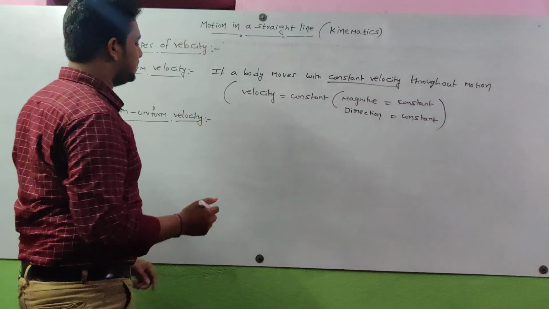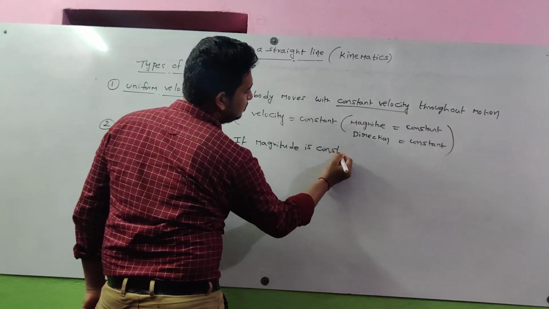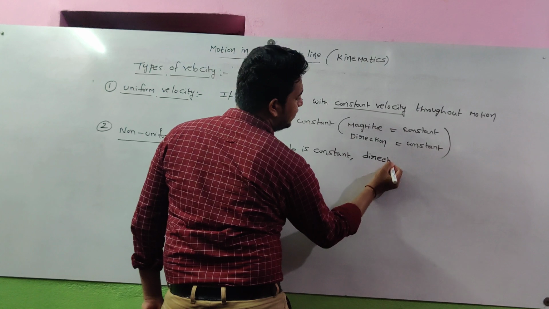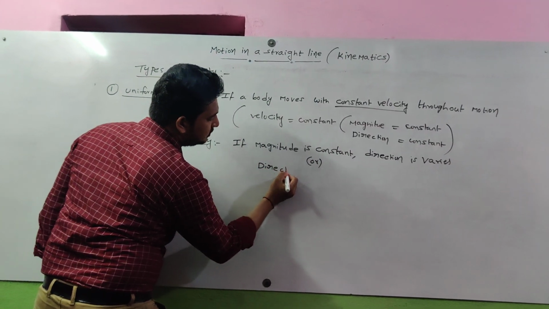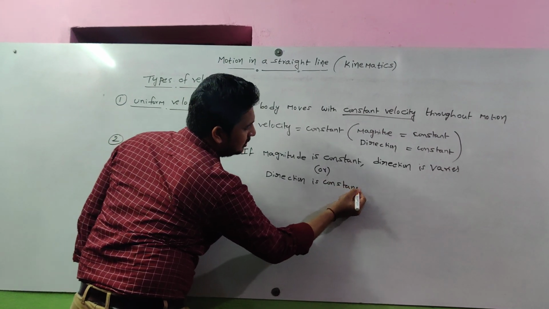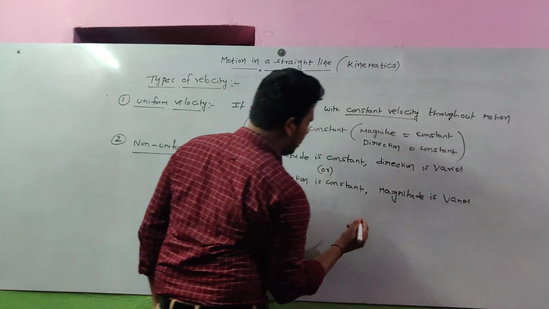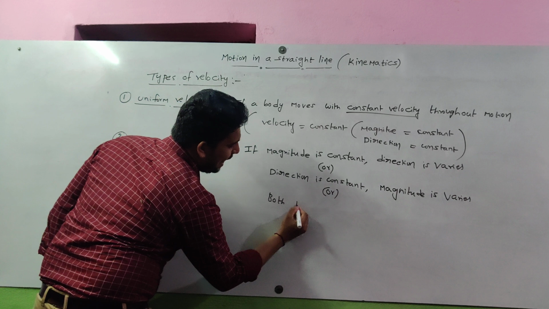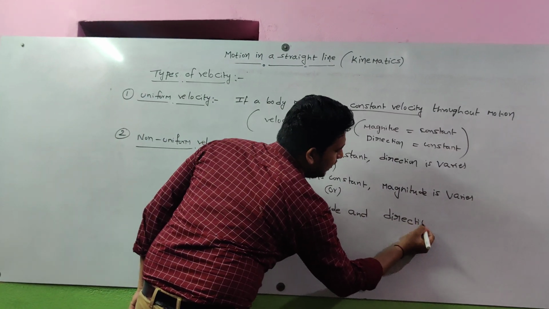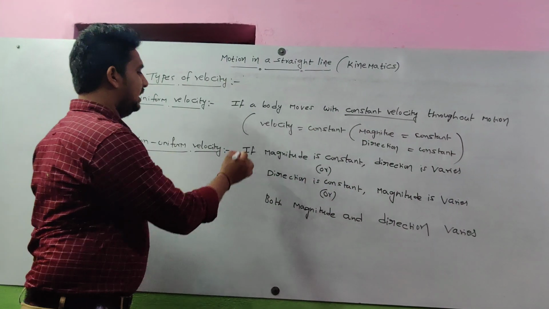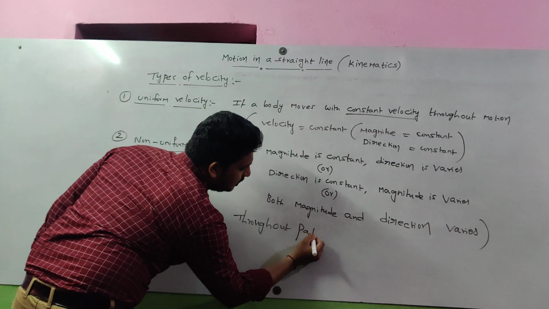That means non-uniform velocity is when the magnitude is constant and the direction varies, or the direction is constant and the magnitude varies, or both magnitude and direction vary throughout the path.